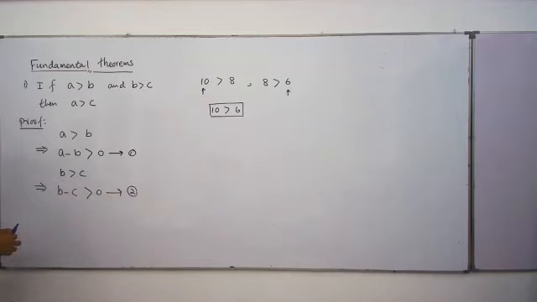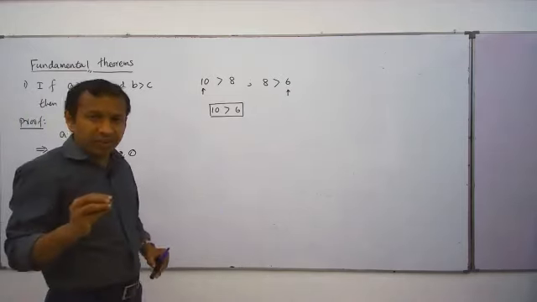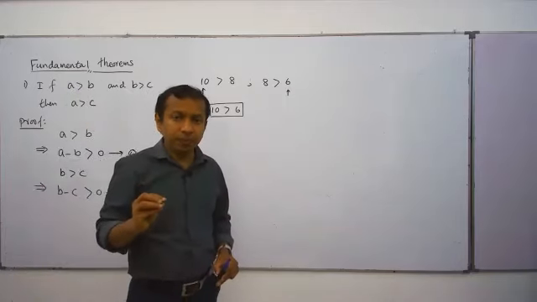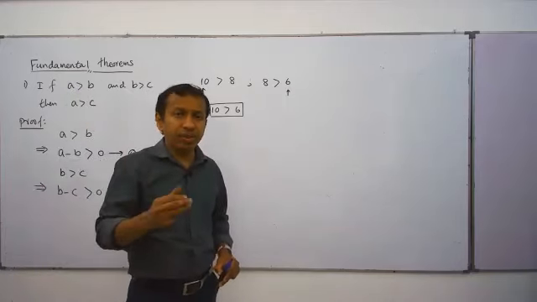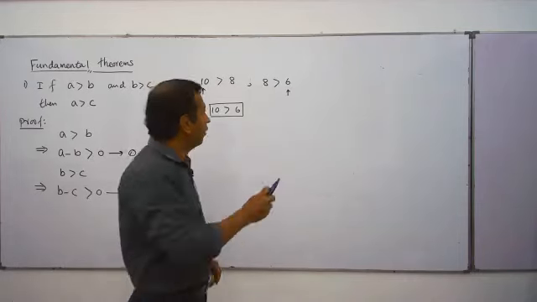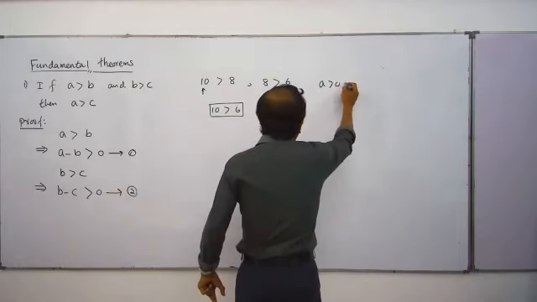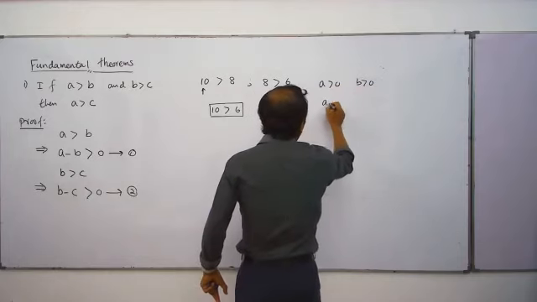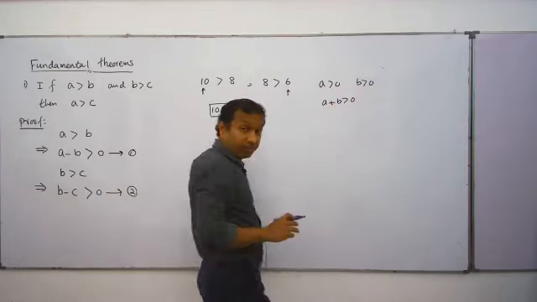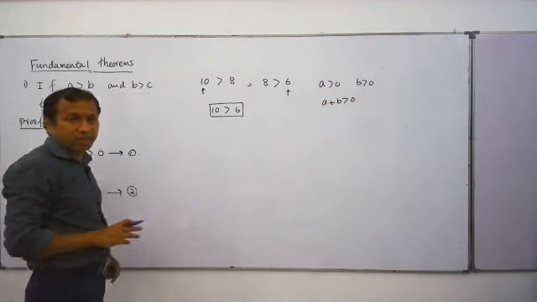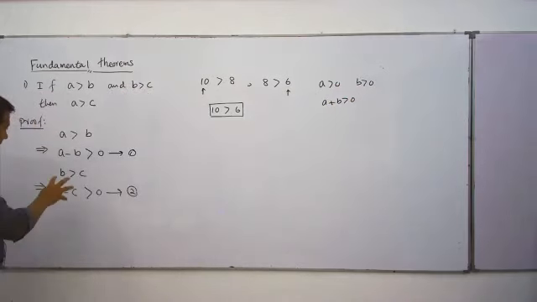Right. Now you can see this A minus B is a positive value, and this B minus C is also a positive value. We said that when we add two positive values, the answer is again positive. A positive, B positive, then A plus B is positive.